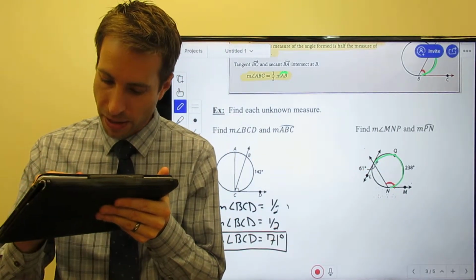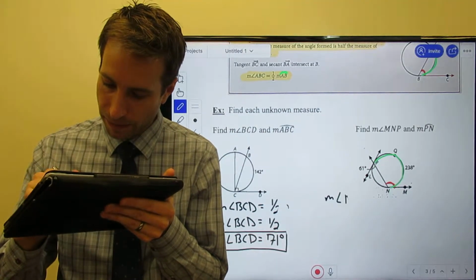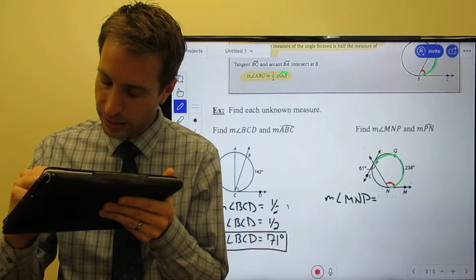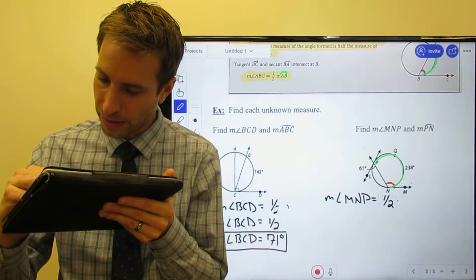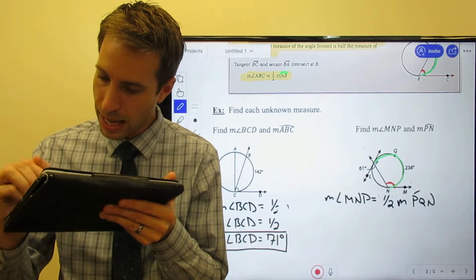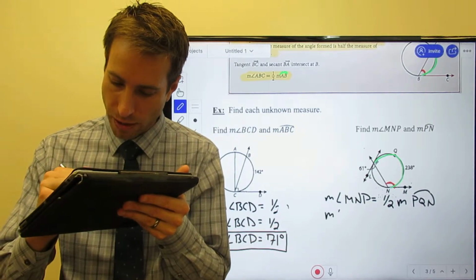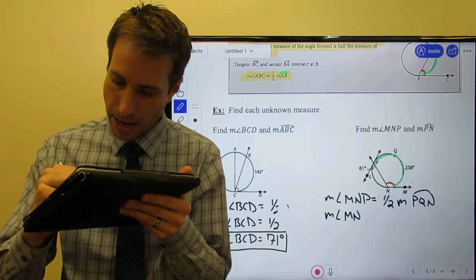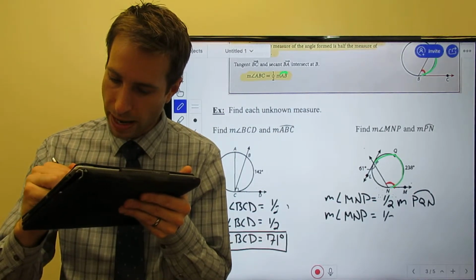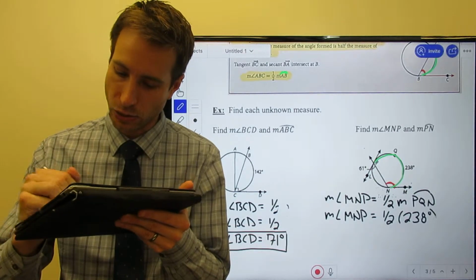So here we go. The measure of angle M and P is equal to 1/2 the measure of P, Q, N, the measure of that arc, which they gave me. So the measure of angle M and P is 1/2 of 238 degrees.